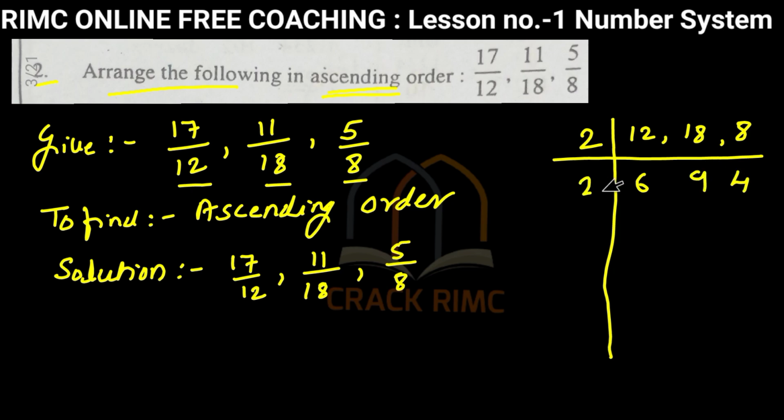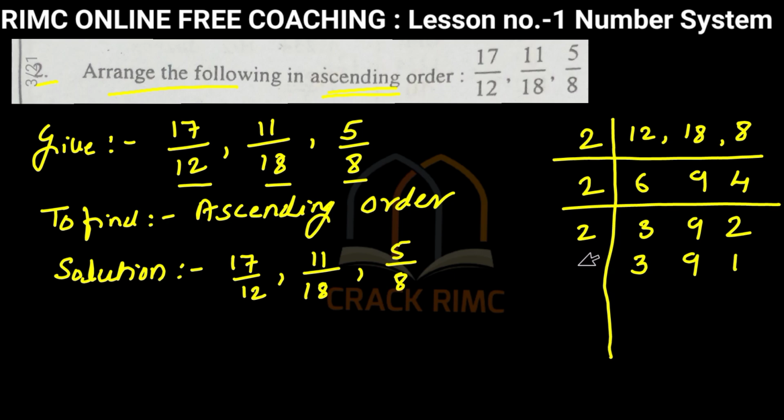Again we will divide it by 2. So it will be 3, 9 will come as it is, and here 2. Again we will divide it by 2. So 3 we cannot divide, so 3 will be as it is. 9 we cannot divide, so 9 will be as it is. 2 ones are 2, so here it will come 1.